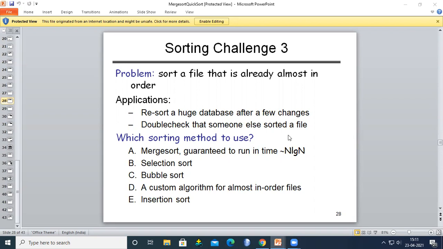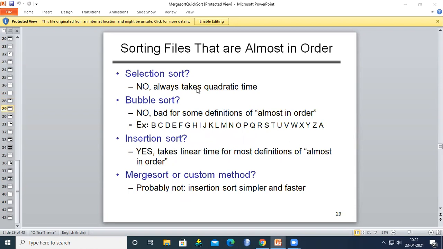Which sorting method to use to sort a file that is already almost in sorted order? Selection sort, no, it always takes quadratic time, a lot of time. Bubble sort, no, bad for some definitions of almost in order.